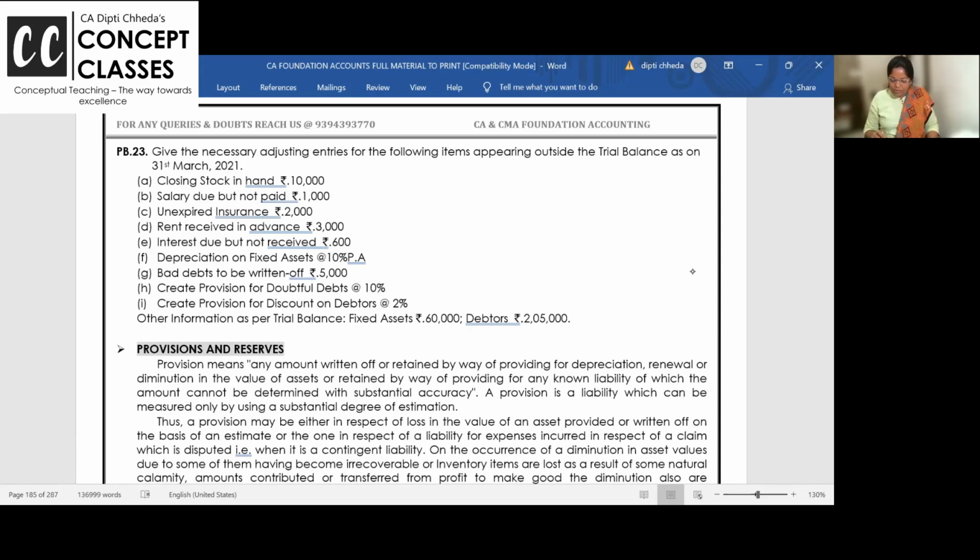For example, closing stock is given. So what entry will you pass? Closing stock account debit to trading. Trading mein credit karo aur closing stock balance sheet mein likho. Salary is due but not paid. So salary account debit because it's an expense, to outstanding salary, creating a liability because this expense is due but you did not pay. If you pay, then salary to bank. Followed all of you? Chalo isko thoda speed se karenge.